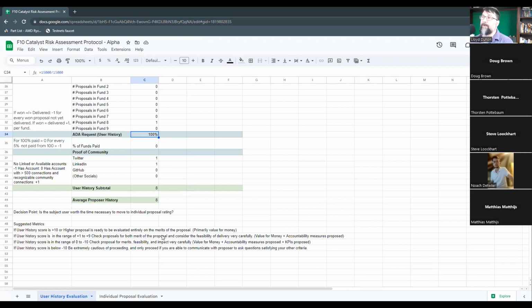If you have a proposal and this proposer's history is very negative, are you going to waste a lot of time looking at the positive merits of that proposal, or are you going to say, hey, clean up your act first? And there should be room for anybody to clean up their act in this.